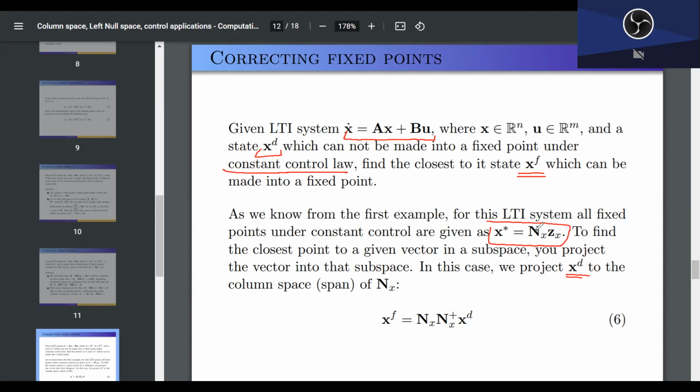So this system you can now think about as a linear system, right? And you want to find such xf, which would be closest to xd in the column space of this system. Well, just project it there. So this is how we project onto the column space. And thus we found xf.